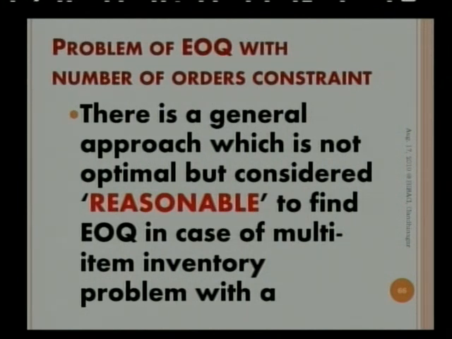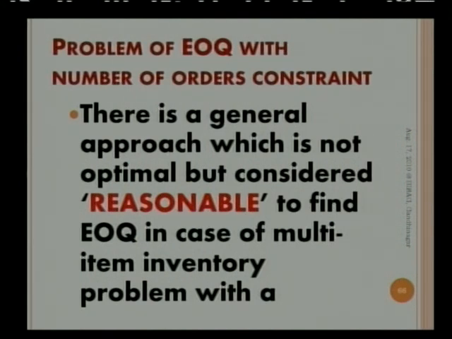Next is the problem of the number of orders constraint. With some manufacturers, because of the production facility available with them, this constraint comes up. I can only place an order of 5 or 10 numbers in a year or in a stipulated time. So in that case, what should be the problem?